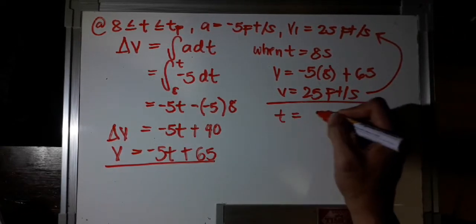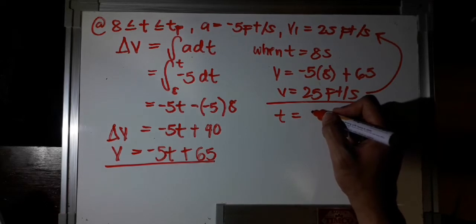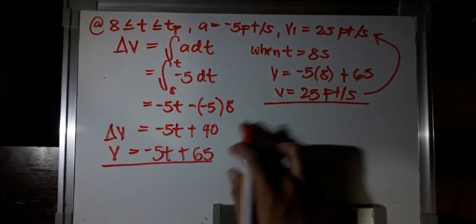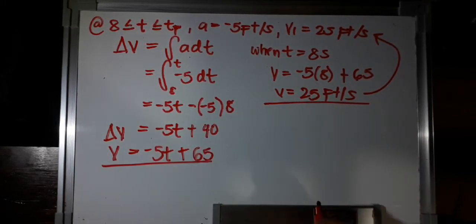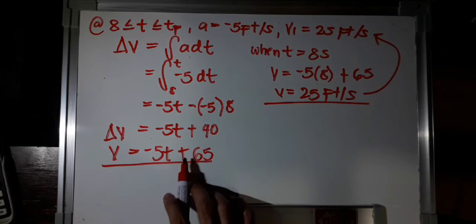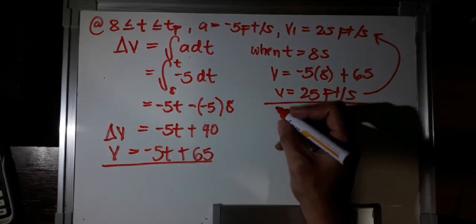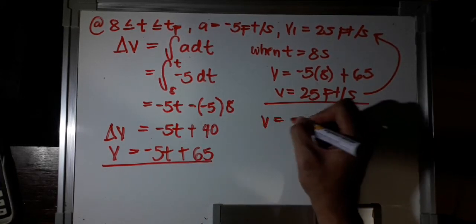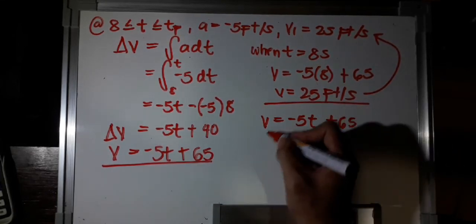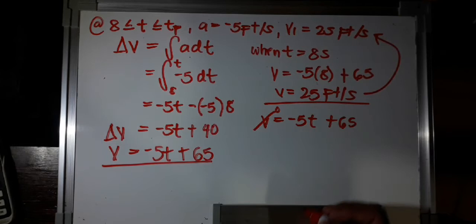So when time is equal to the unknown time. So paano ba natin makukuha yung unknown time? So di ba meron tayong equation na ito, na negative 5t plus 65. So let us say that velocity is equal to negative 5t plus 65. So let us say that velocity is 0.